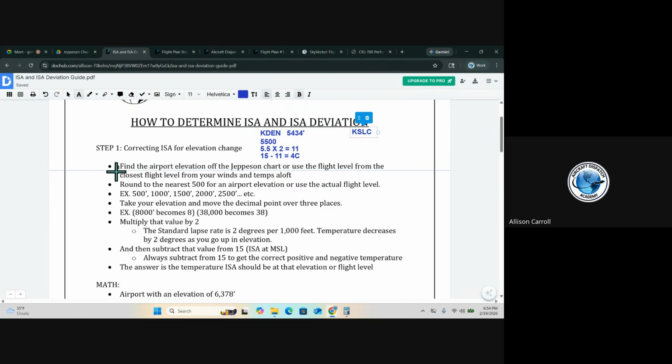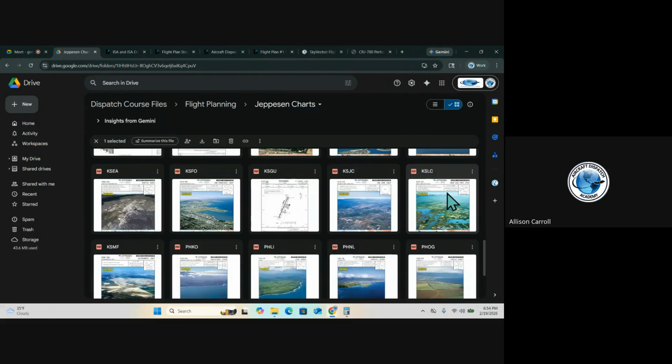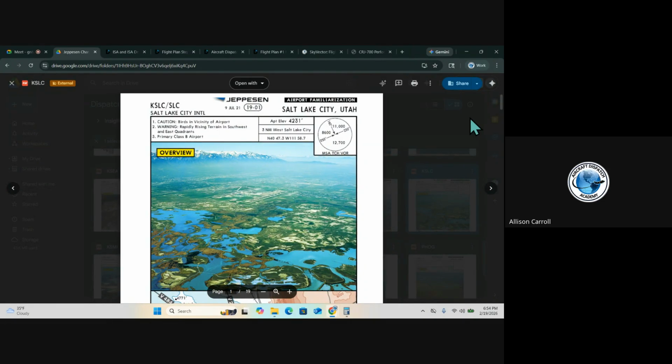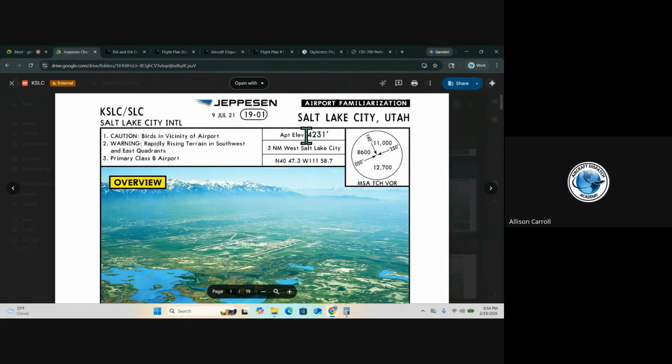We're going to find the airport elevation off the jet chart for Salt Lake. Okay, just right on this front page, 4,231 feet. That is our airport elevation for Salt Lake.